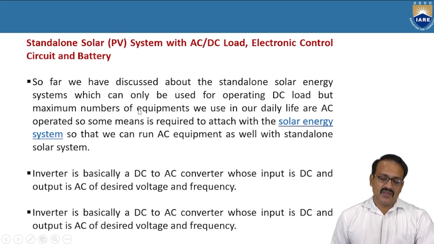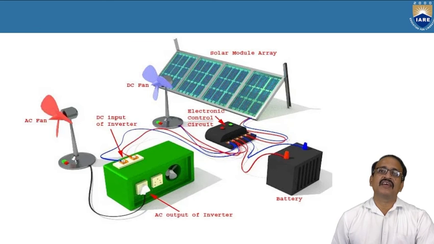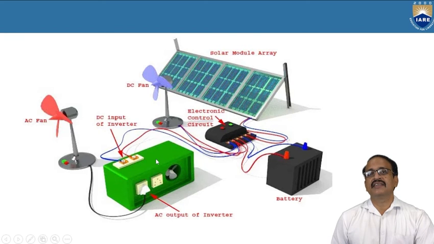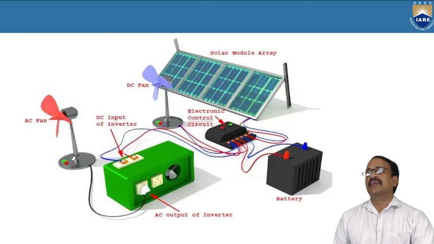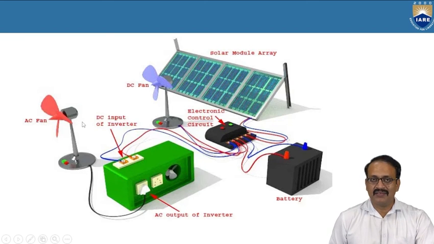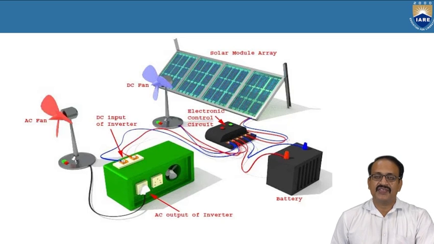What we have done here is that we have added another piece of equipment, that is the inverter. Now the DC power which is coming will be converted into AC. So the final thing is the complex but best type of standalone system.